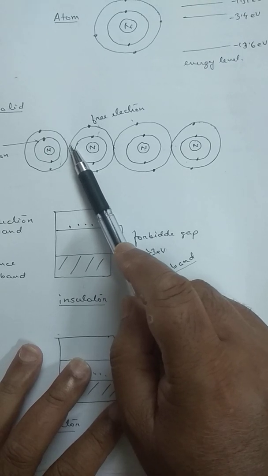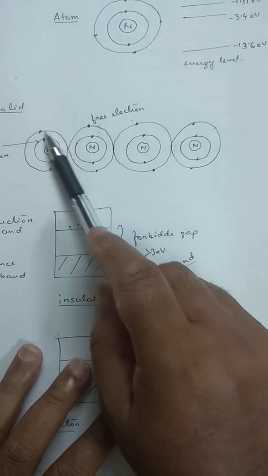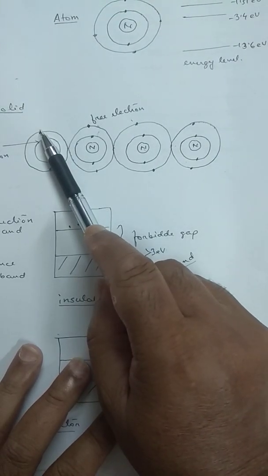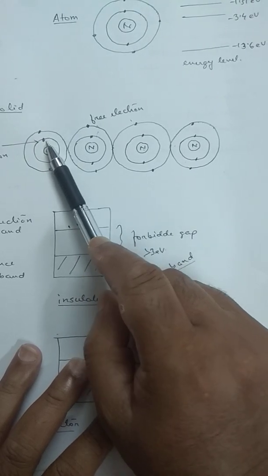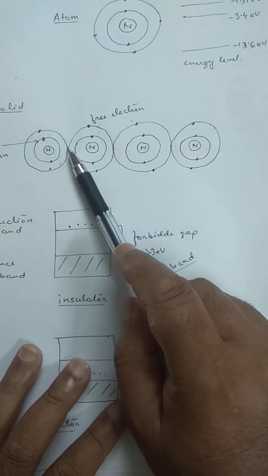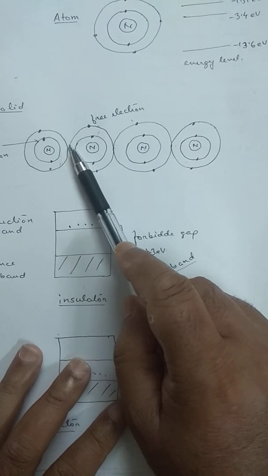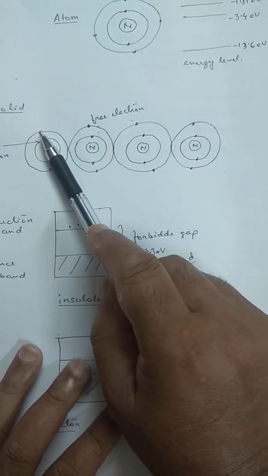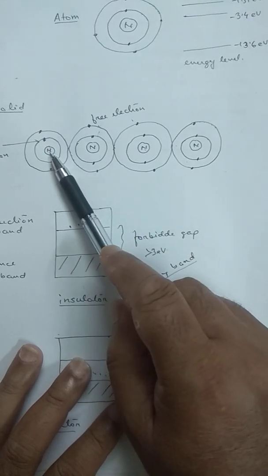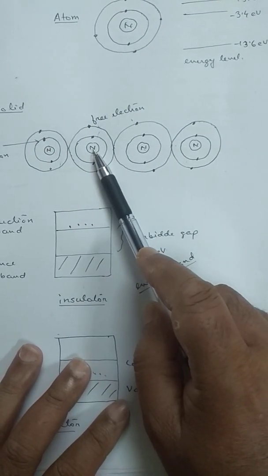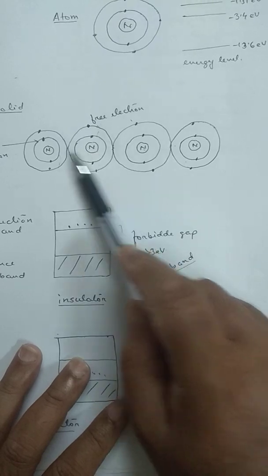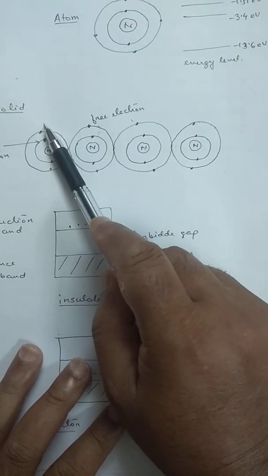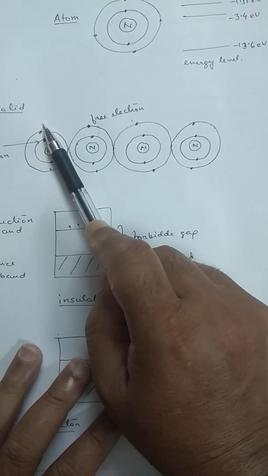As a result, the electron cannot move from this atom to this atom through this point, because this point is oscillating. That means the motion of this electron is restricted. Is it okay? So this restricted motion of electrons is actually called the resistance of the conductor.